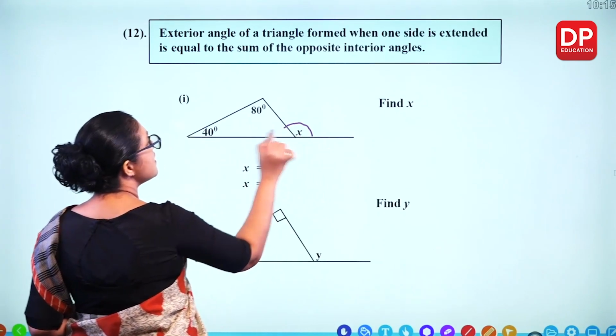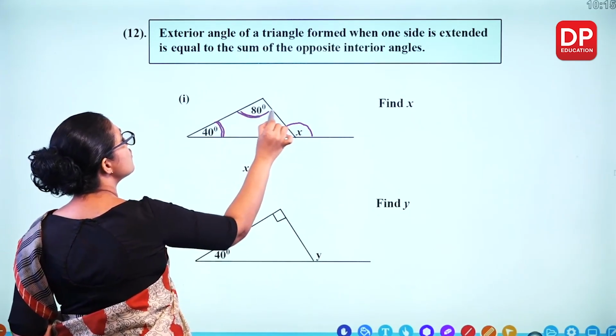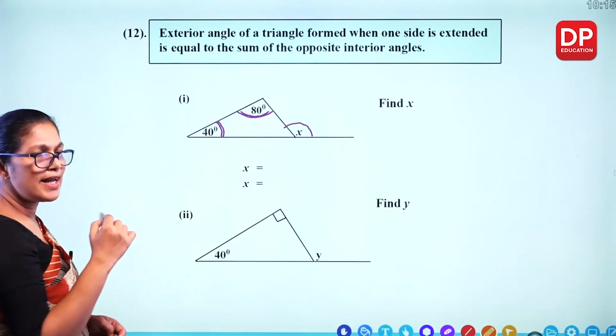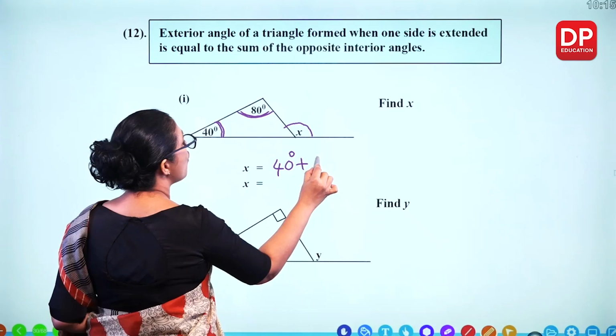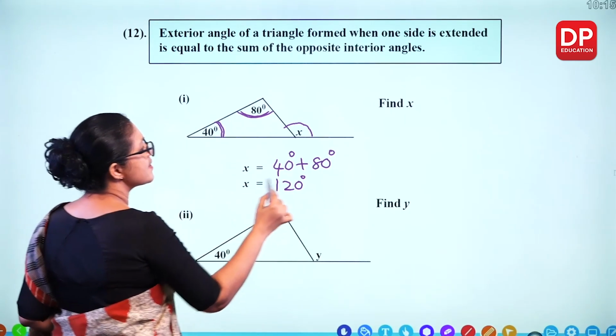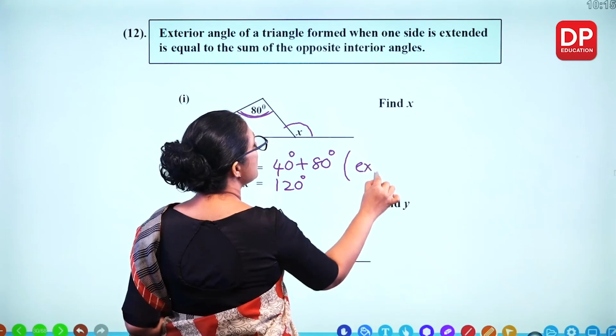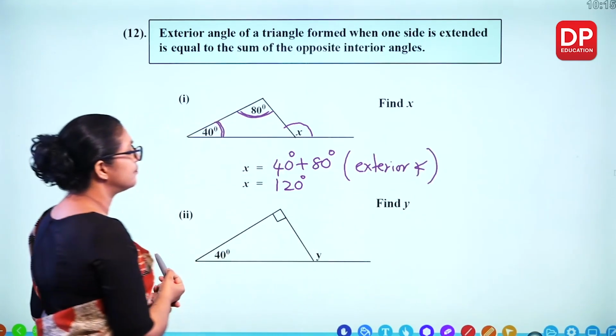So this is the exterior angle formed. What are the opposite interior angles? These two. So how do you find x? You can straight away write down x is equal to 40 plus 80, that's 120 degrees, because of the exterior angle.